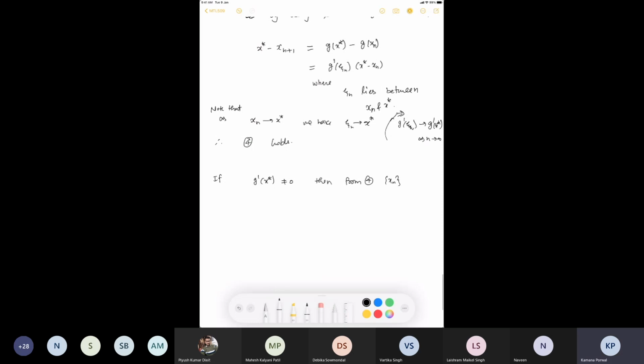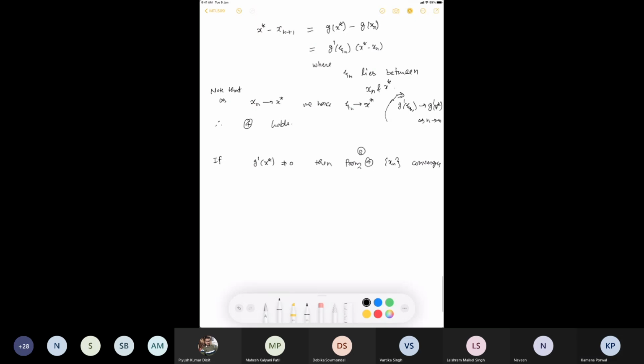That this sequence converges, from 3 and 4, xn converges to x star with order p equal to 1. That is, we have a linear convergence.